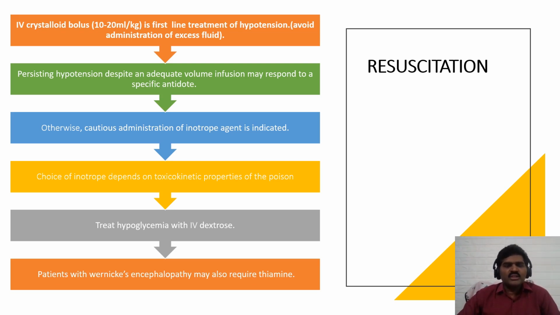Otherwise, if there is no specific antidote available, you can go for cautious administration of an inotropic agent when it is indicated. The choice of inotrope depends on the toxicokinetic properties of the poison. For each type of poison, you need to give a different type of inotrope, which we will discuss in further lectures. Treat hypoglycemia with IV dextrose. Patients with Wernicke's encephalopathy may also require thiamine along with dextrose.